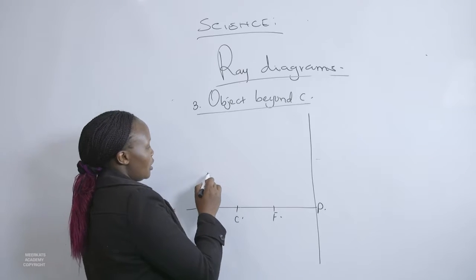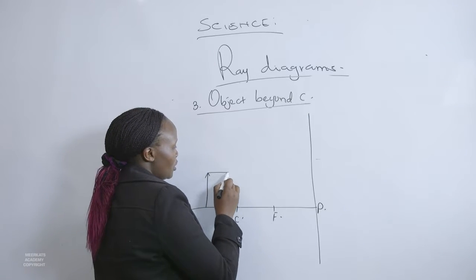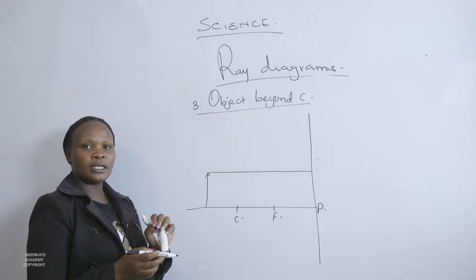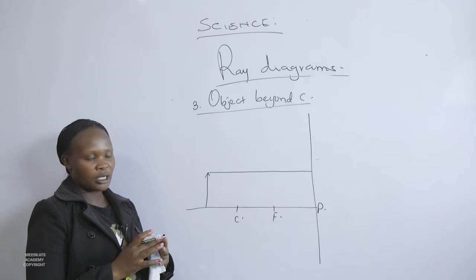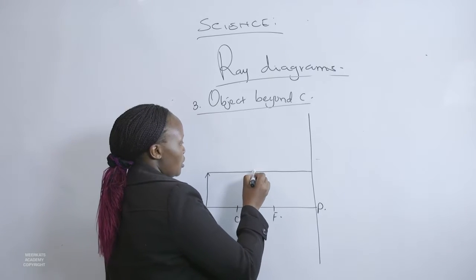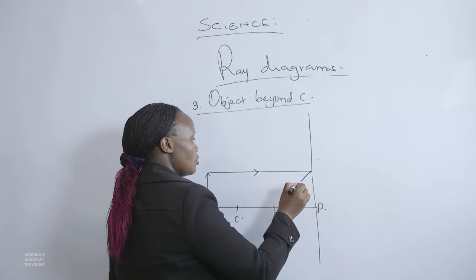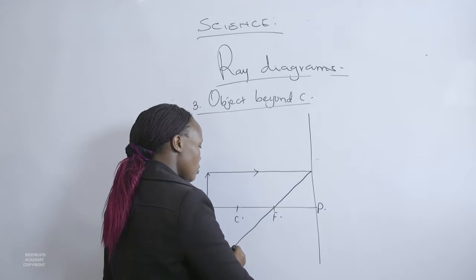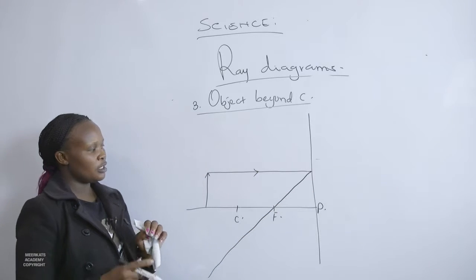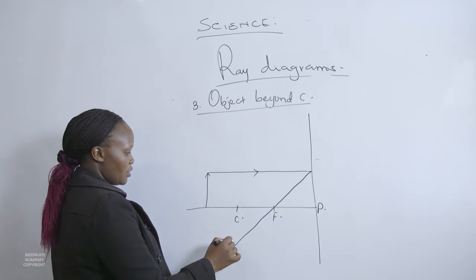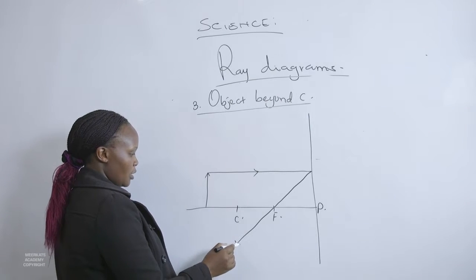Let us consider the most common one, which is the ray parallel to the principal axis, this one. And we agreed that is going to be reflected through the principal focus. So we are going to have something like that.